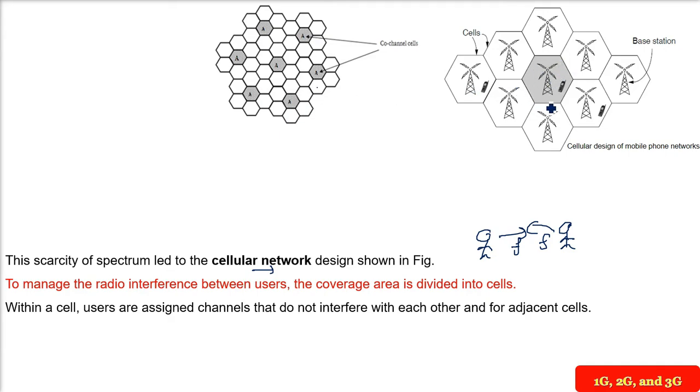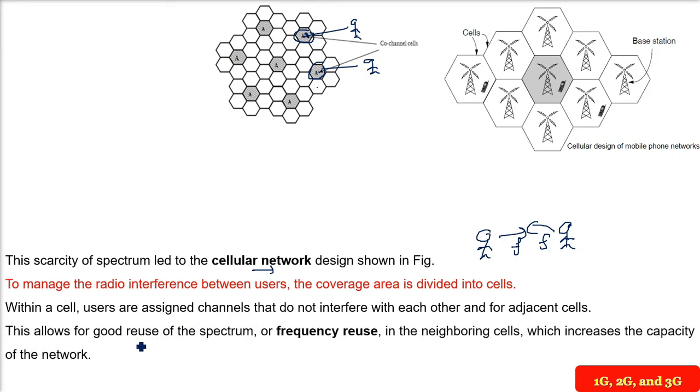Okay. So within a cell, users are assigned channels. For example, this A I am showing. All the A which you see here, they are in the same coverage area, but they do not interfere with each other and also not with the adjacent cells. These two, when they are talking, they don't interfere.